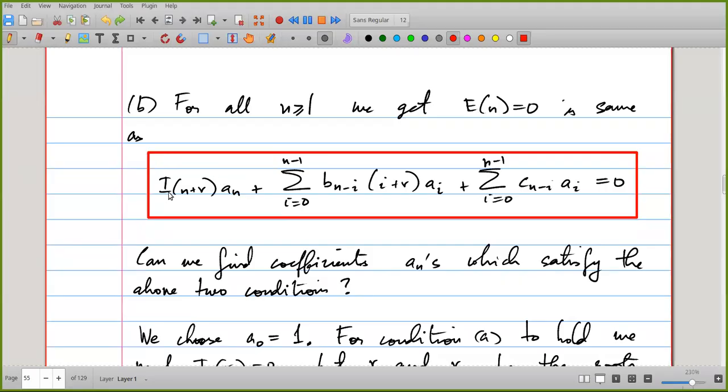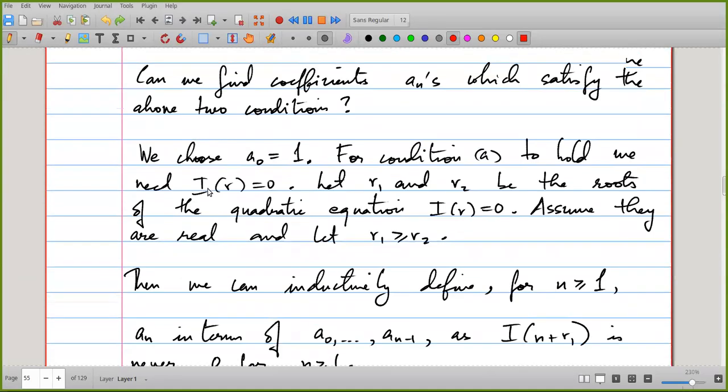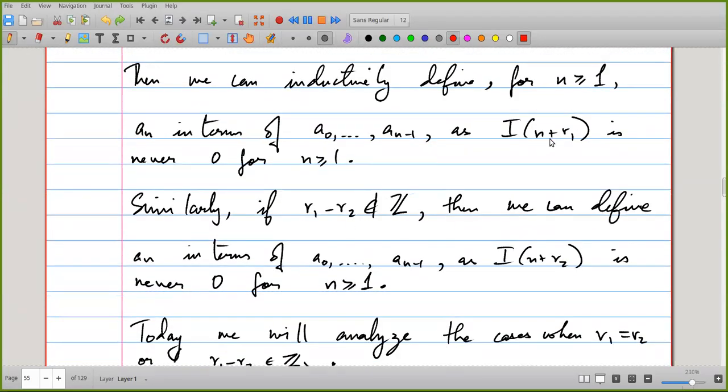So what we will need is that I of n plus r1 should never be 0, but that is true because r1 is the larger root of this equation I of r. I had explained this last time.